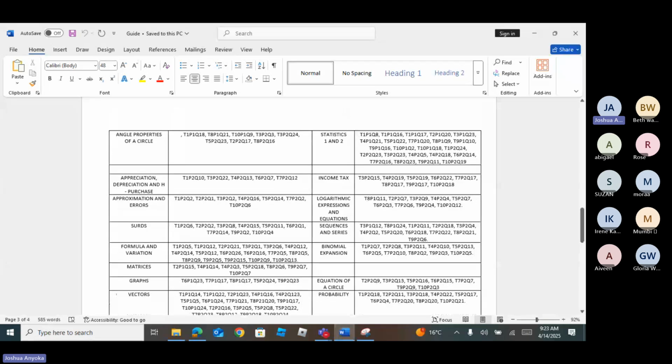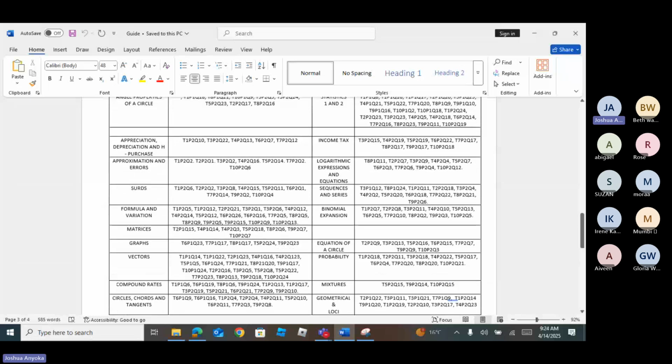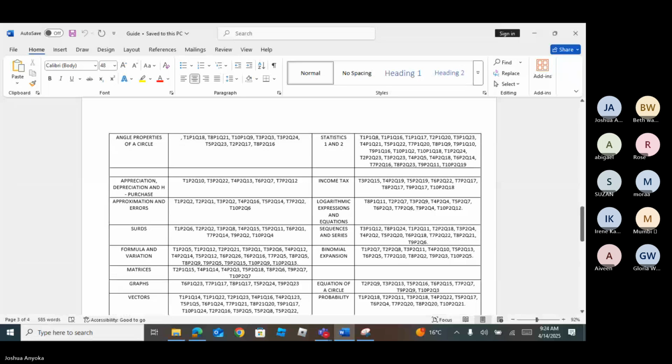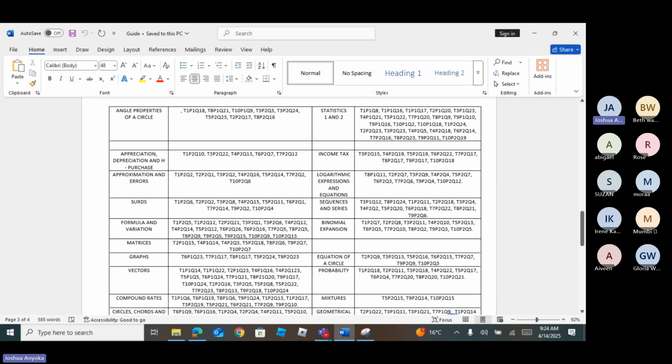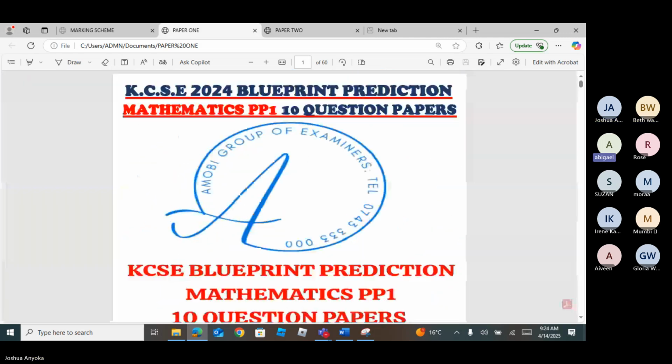Now, I want us to go to sequence and the series in our blue books. We attempt one question. Sequences and the series. It is there, have you seen it? Trial 3, paper 1, question 12. Trial 8, paper 1, question 24. Let us do this one of 10 marks. Hopefully it is sequence.